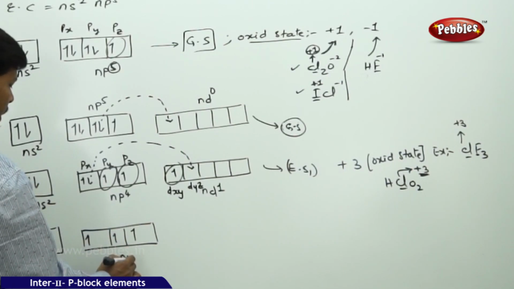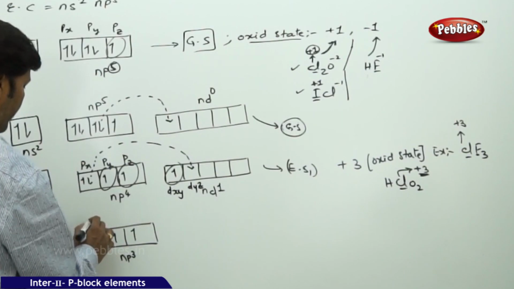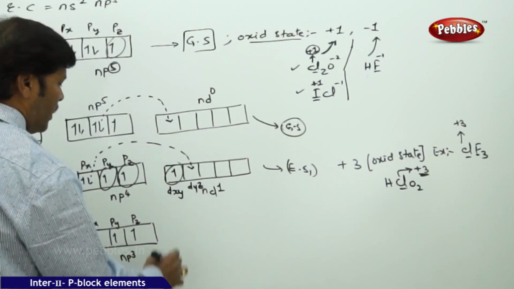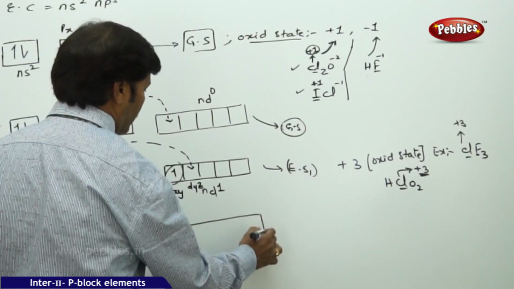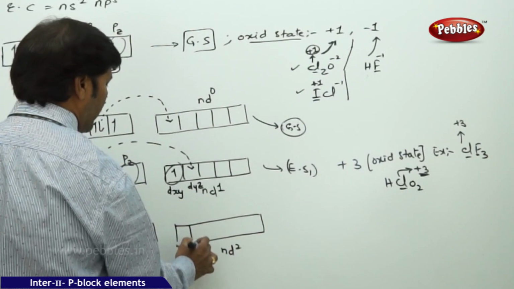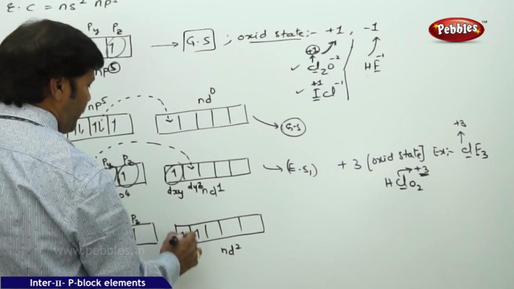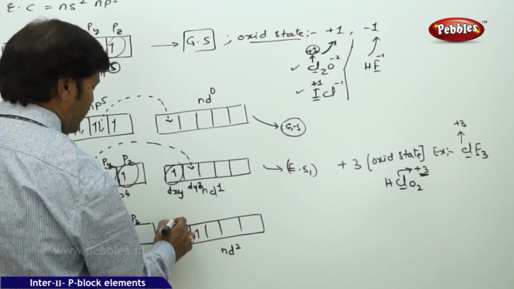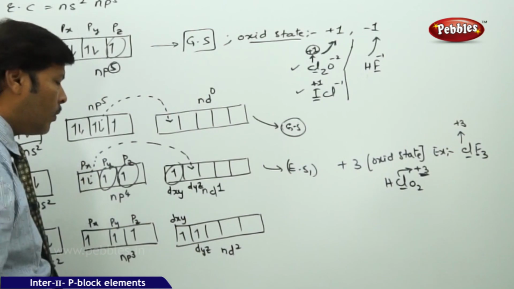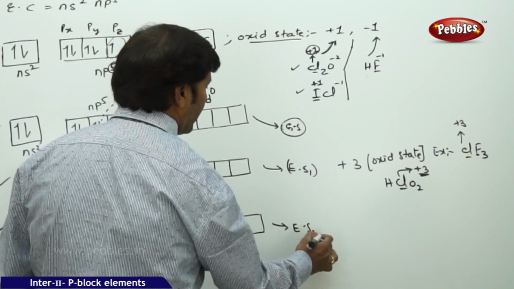So this is going to become np3 now, with Px, Py, and Pz. You borrow one more electron to nd2. Now this has become nd2, 1, 2, 3, 4, 5. So take 2 electrons here, this is dxy and this is dyz, and now this has become the second excited state configuration.